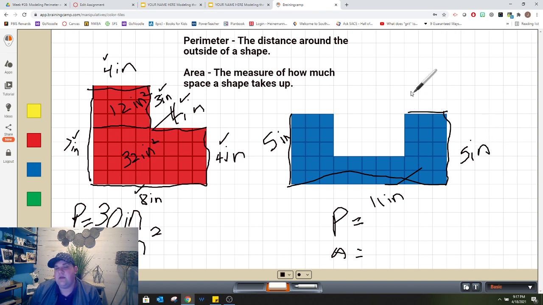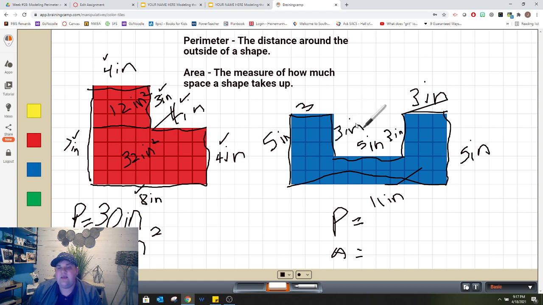Here's 3. 3 more to go down. And then 1, 2, 3, 4, 5 across, 3 up to the top, and 3 back to the beginning. So 3 here and 3 here.